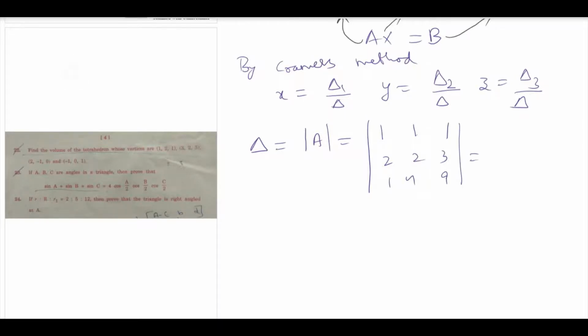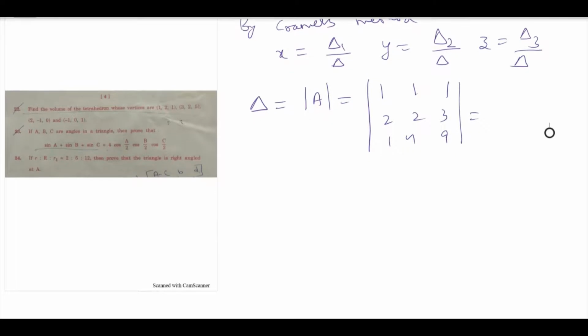This equals 1 into 9 into 2 is 18, 18 minus 12, minus 1 into 18 minus 3, plus 1 into 8 minus 2. That equals 6 minus 15 plus 6, which is equal to minus 3. So delta equals minus 3.